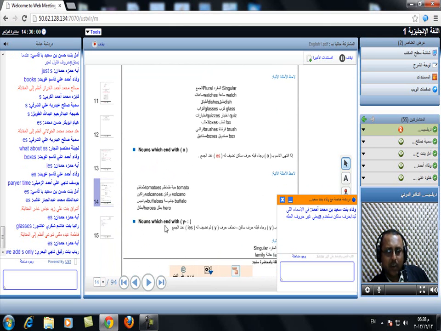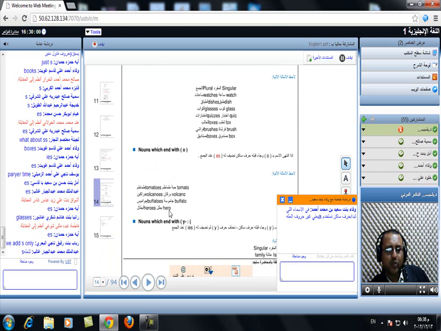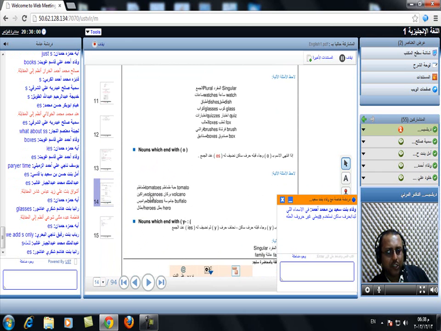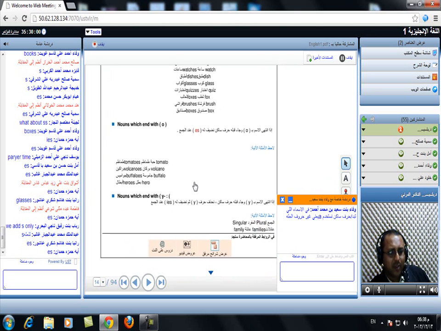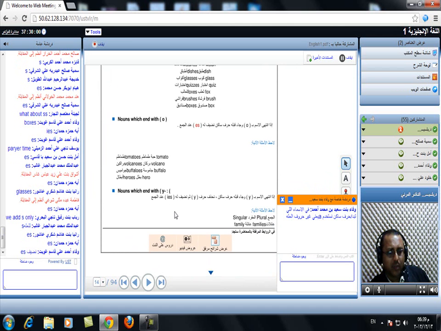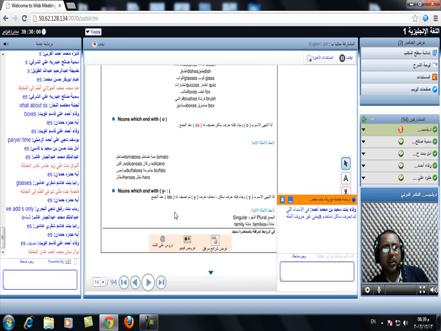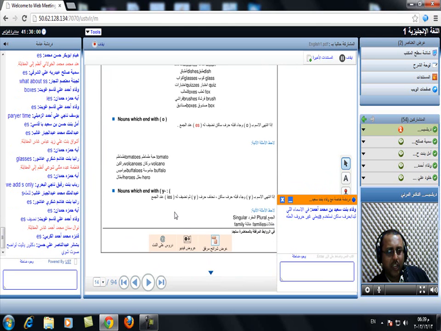Also in these nouns we have to add ES. Like tomato, tomatoes, and volcano, volcanoes, and so on. So all these end with O. We have to add ES. Now what about nouns ending with Y? If this letter Y is preceded by a vowel, no need for any change.